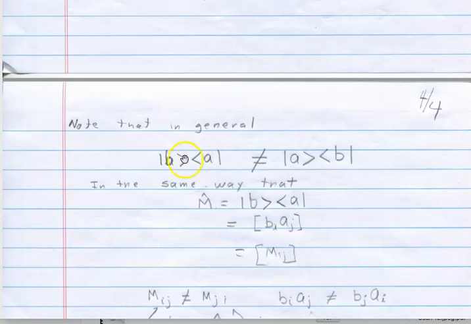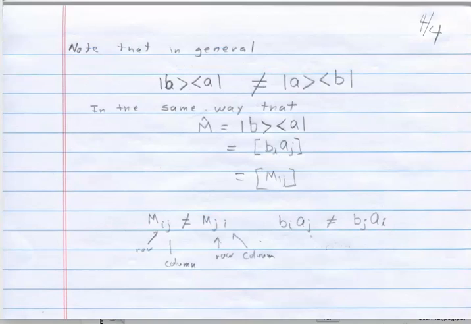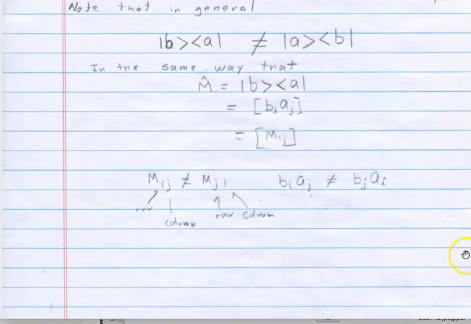So that's this side. But if I have the alternate, it would still have A's and B's, but it would be AI BJ, and those two are not in general equal. Right? So MIJ is not equal to MJI because those two pieces, for a specific I and J, are generally not the same.